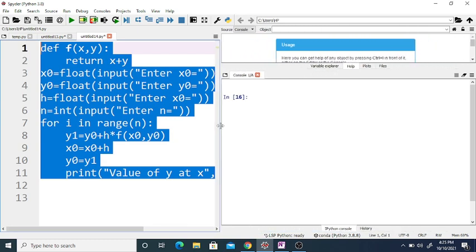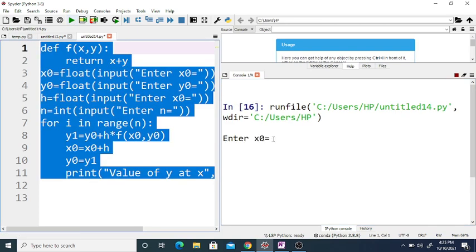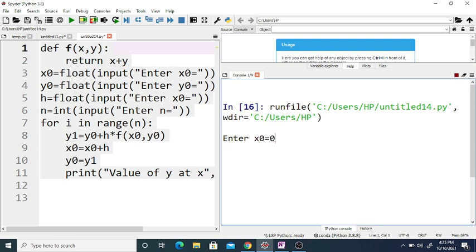So if you run this, enter x0. So x0 is 0, the initial condition, y0 is 0, h is 0.2, and n is, say, 4.